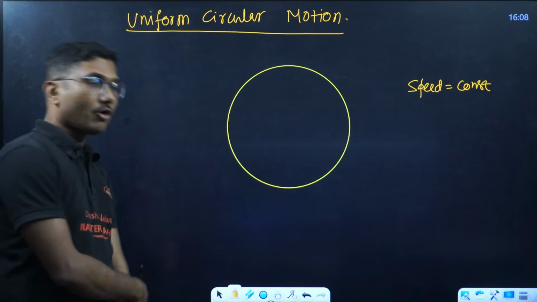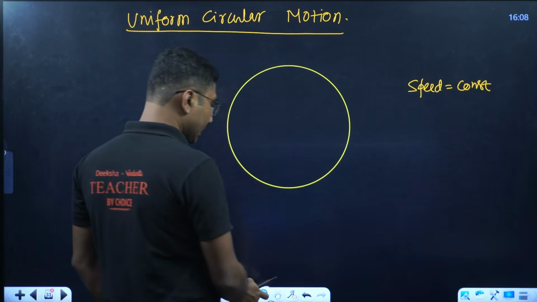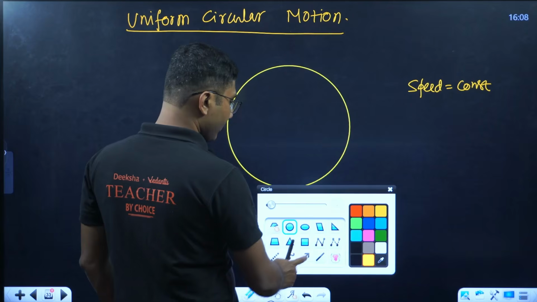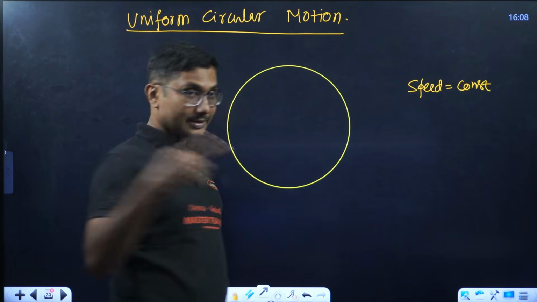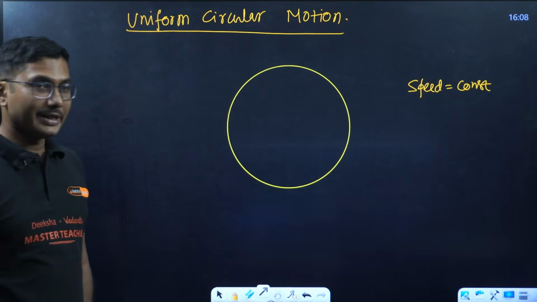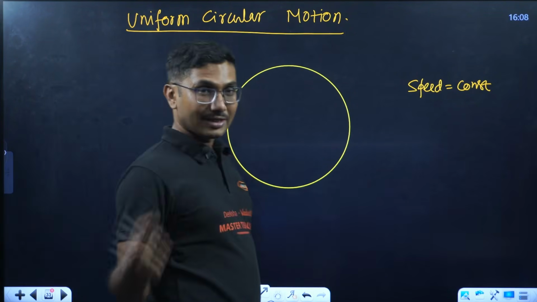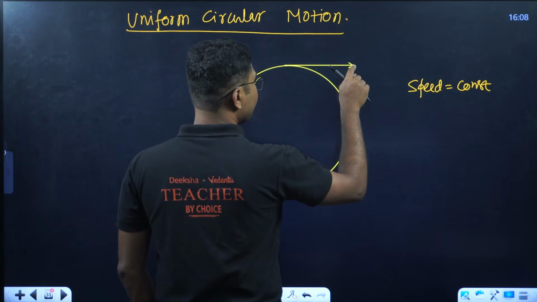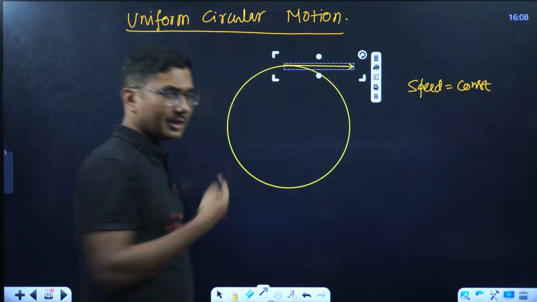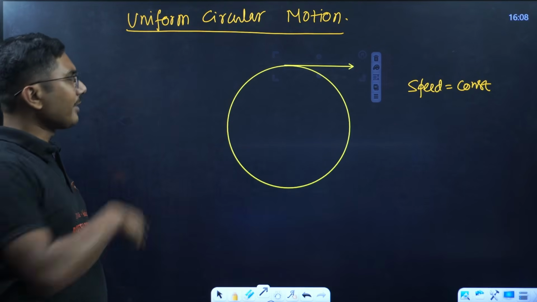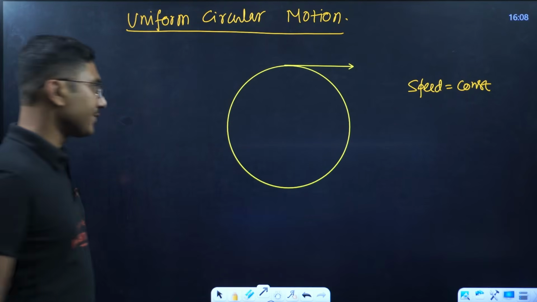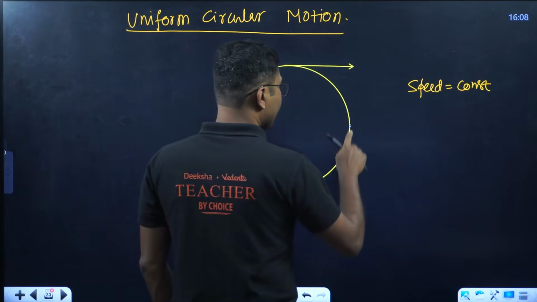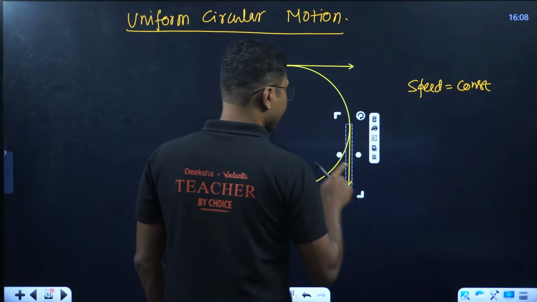Now speed constant does not necessarily mean that it is a constant velocity as well, right? Last chapter we discussed velocity and speed, they are different. Velocity is a vector quantity. So suppose at this point the boy is running in a clockwise direction. So at top position the velocity's direction is in this direction. At some other position it is another direction like this.